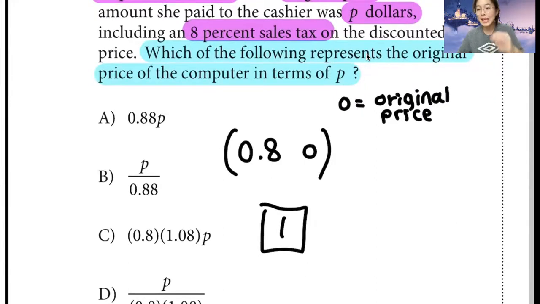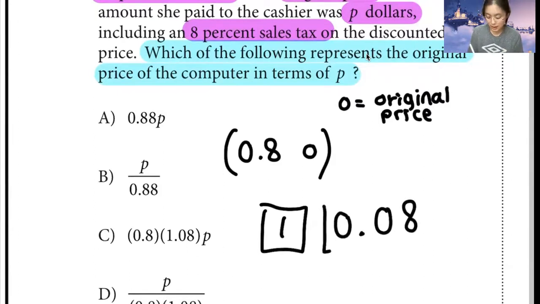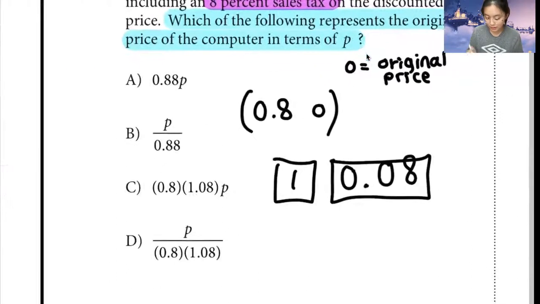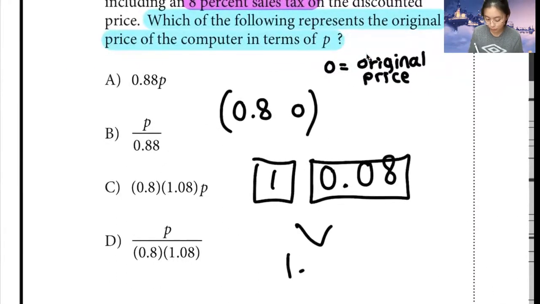So you're adding 8%, which is expressed as 8 over 100, and that's going to be 0.08. Together that makes 1.08. So it's going to be this expression times 1.08, and that whole thing needs to equal P.